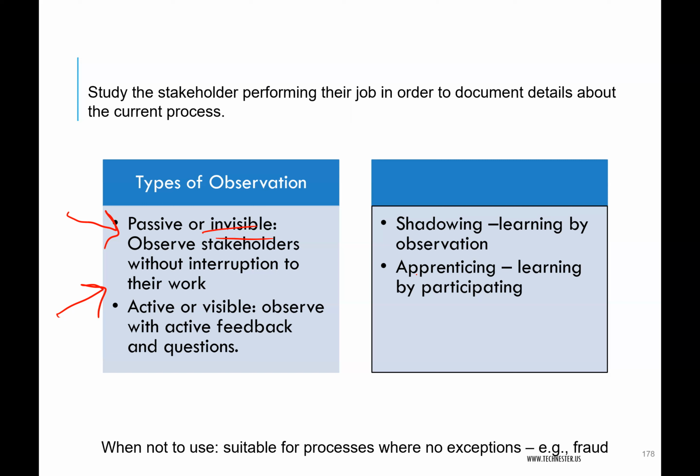So as a BA, you can participate in a particular task to see how it's being done, so you can learn the process. Shadowing is also another type where you follow or you stay with the person doing the task and observe how they do it. You can ask questions and you can monitor what they're doing.